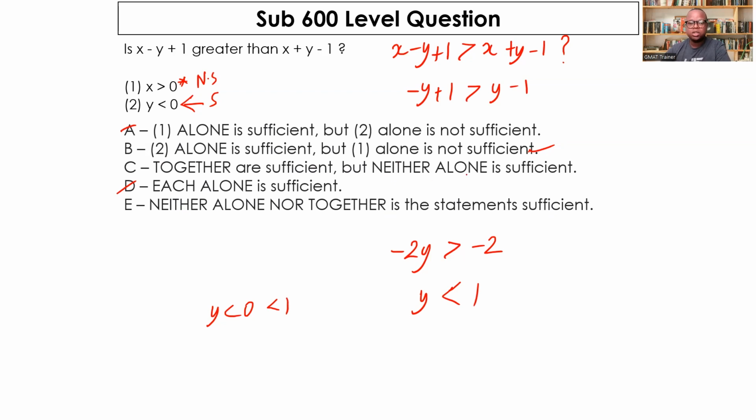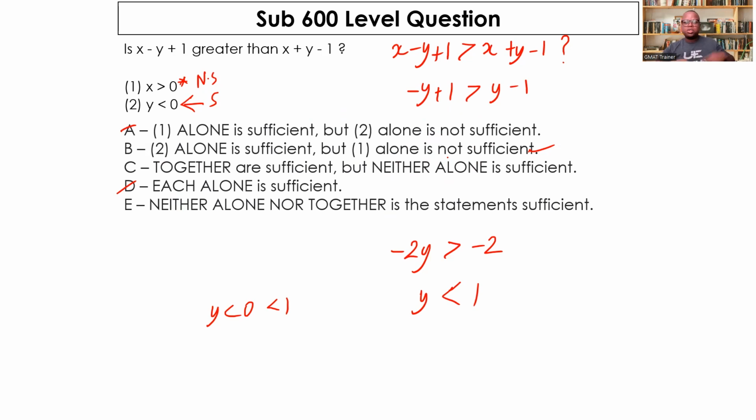So we see that in this question, to assess these statements on their own, you need to know how to manipulate inequality notations in the algebraic context to be able to address and solve this. So that is basically it.